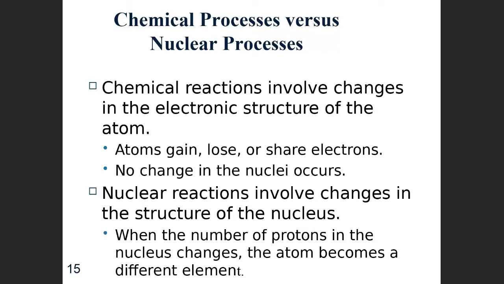The nucleus contains protons and neutrons. In the case of nuclear reactions, they are concerned with the changes that take place inside the nucleus. So when the number of protons in the nucleus changes, the atom becomes a different element.